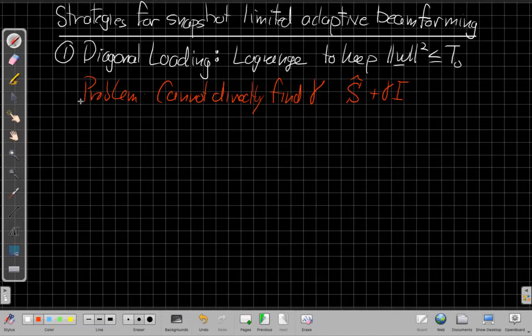There's no closed form function where I take T naught, plug it into some function, and it tells me what gamma is. I can only find it with iterative solutions. That doesn't mean it's not still a good idea, but it does mean you have to do some trial and error or find other ways to limit the weight vector.